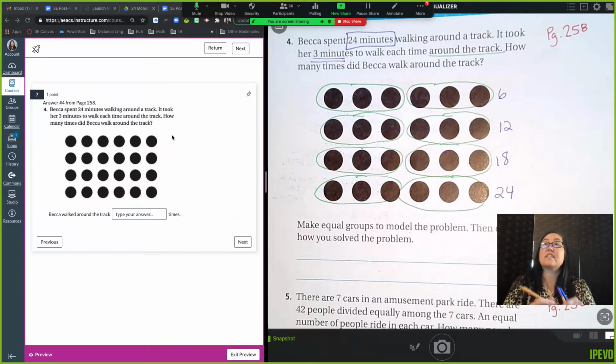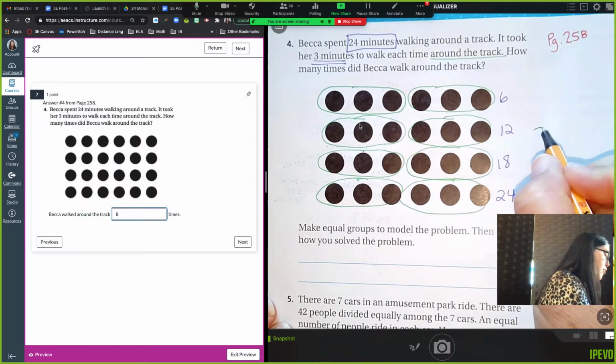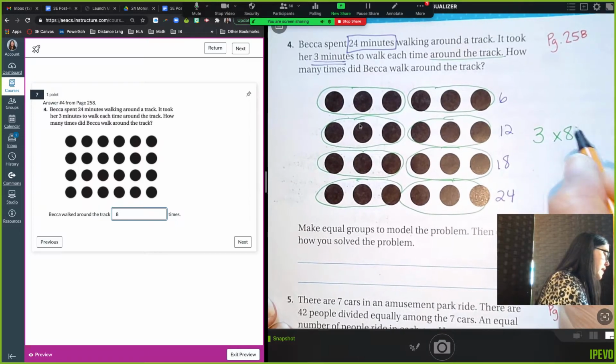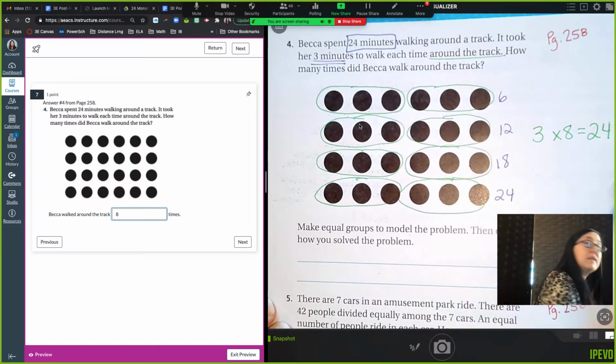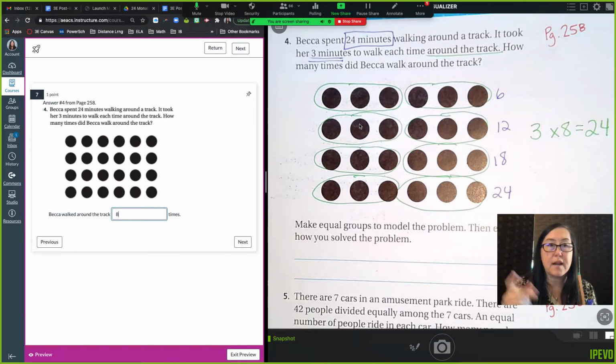And so I need to type my answer. Becca walked around the track 8 times. I circled 3 minutes 8 times. And I might think to myself, oh, 3 times 8 equals 24. That multiplication fact can help me confirm that I got it right.